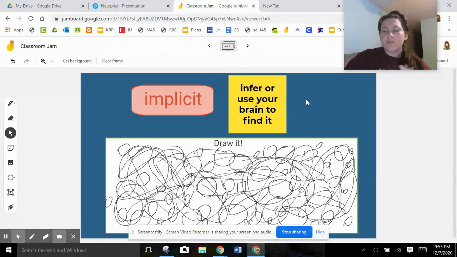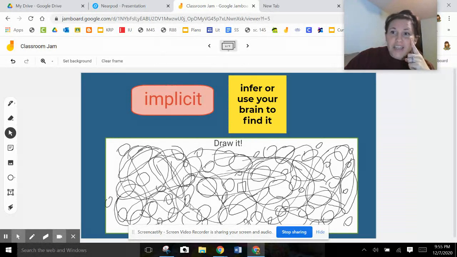So the definition for me for implicit is that you have to infer. You have to use what's already in your brain to make a really good guess. You use your brain to find out. So implicit information is the information that shows you how stinking smart you are. When I look at this picture, there's a lot of stuff going on in this picture, a lot of information, but you have to use your brain to find what we need.